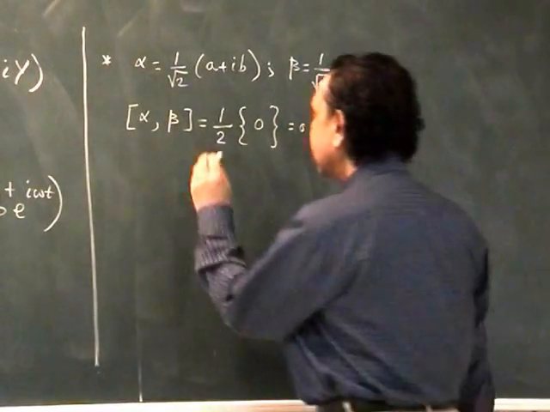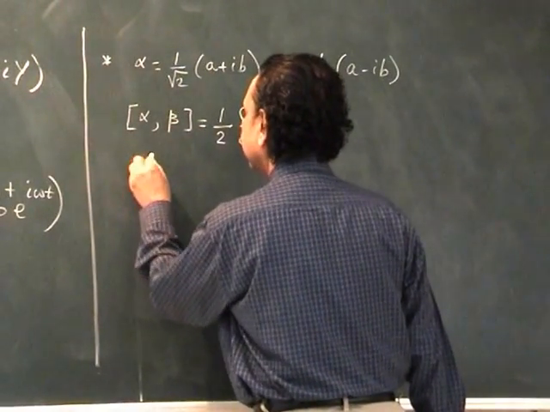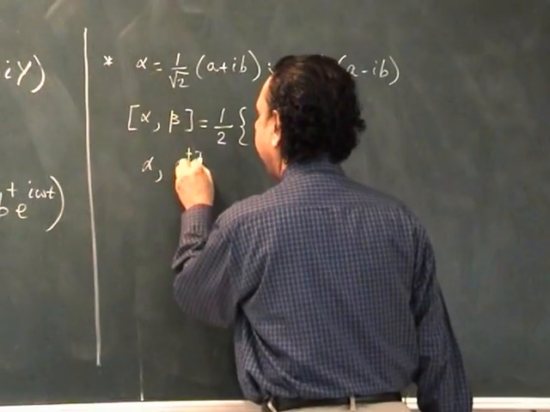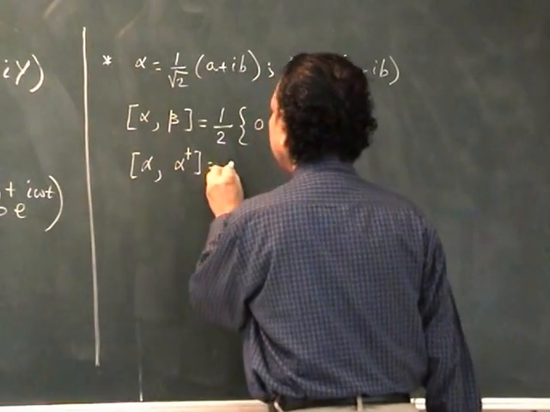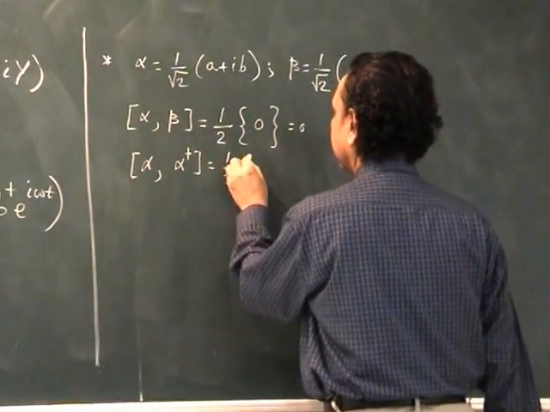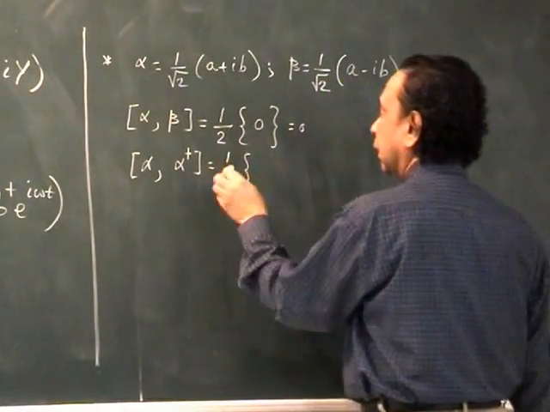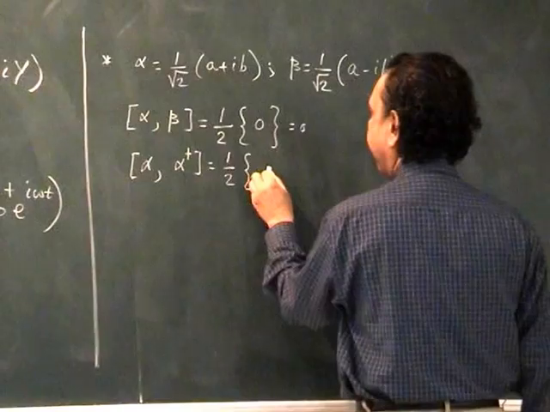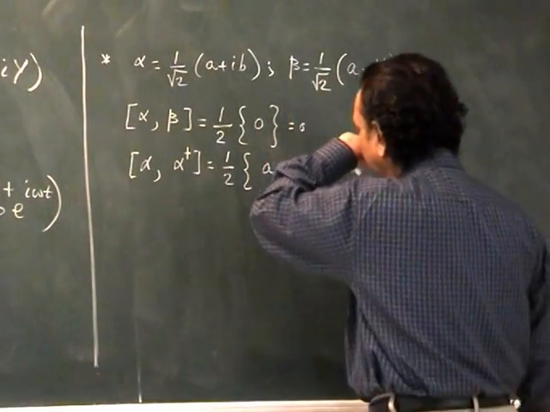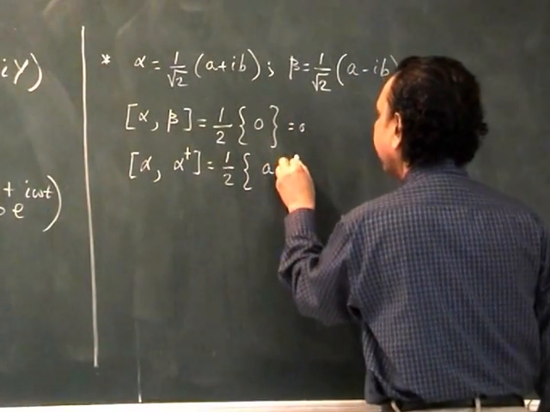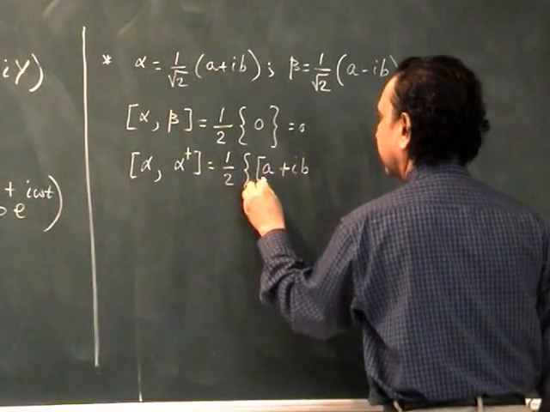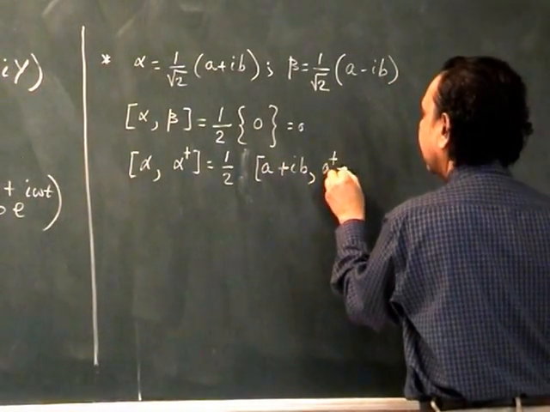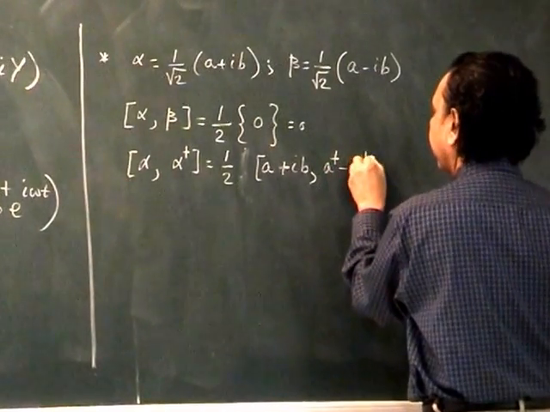Okay. Now let us look at alpha, alpha dagger. This will be half. I start with a plus ib, commutator a dagger minus ib dagger.